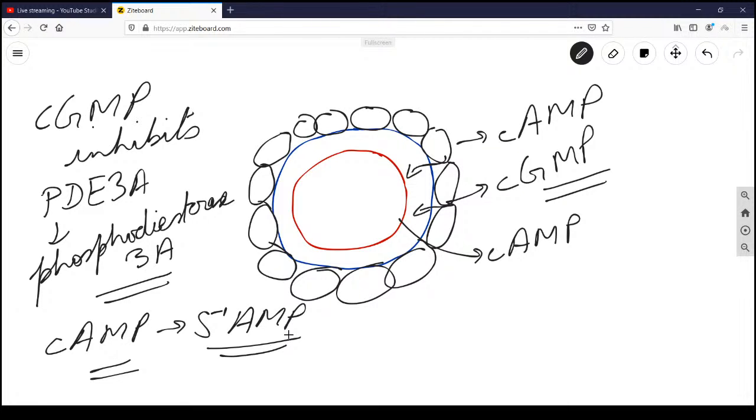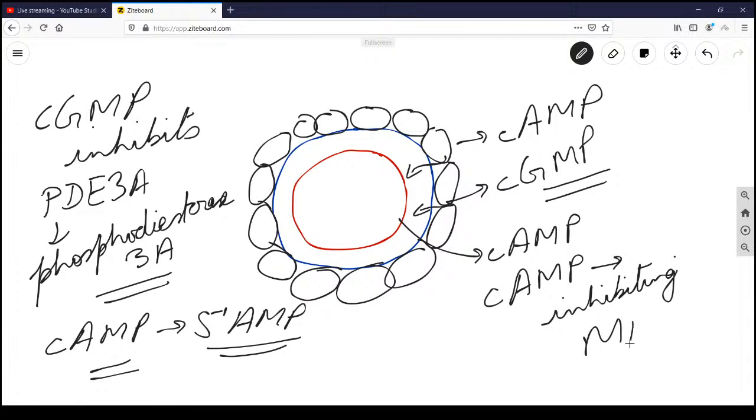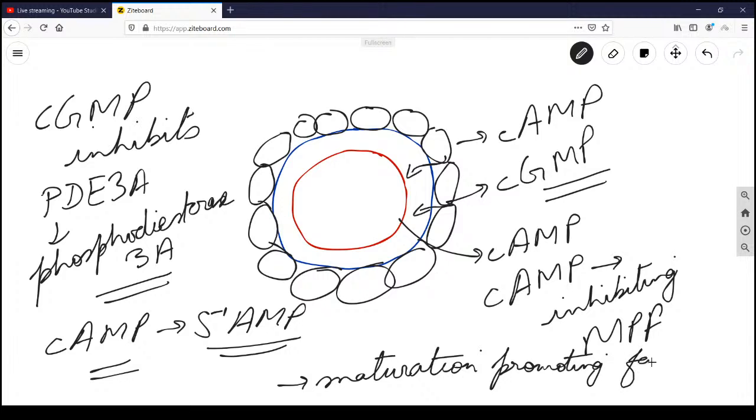Now, this cyclic AMP is responsible for inhibiting MPF, mitosis promoting factor, or maturation promoting factor, sometimes known as meiosis promoting factor, but mostly maturation promoting factor.